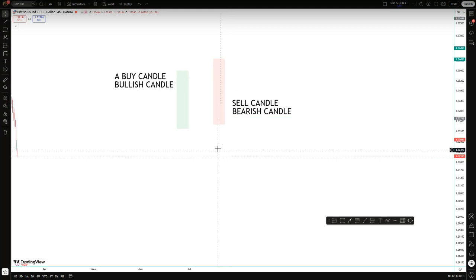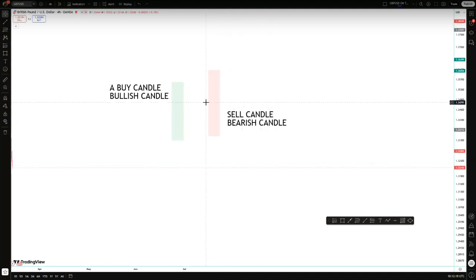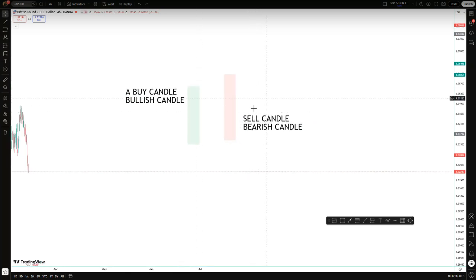Although you might see some designs that are black and white, black and gray, or blue and black, the major thing you need to know is that anywhere you see a green, it means a buy, and anywhere you see a red, it means a sell. So what are these candles for? They are majorly used to represent the moves in the market.